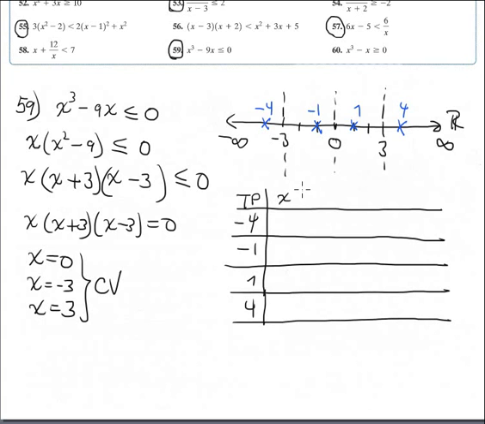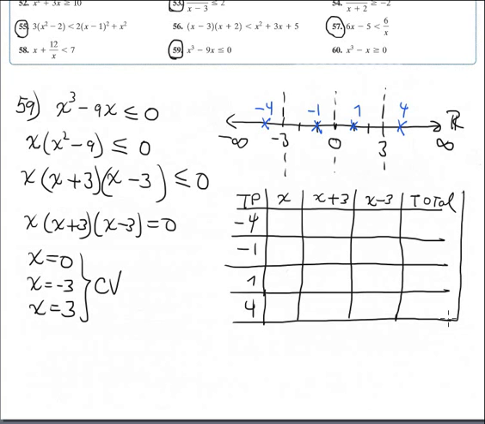The factors are x, x plus 3, x minus 3, and the total sign. Okay, this is our chart. And you evaluate.